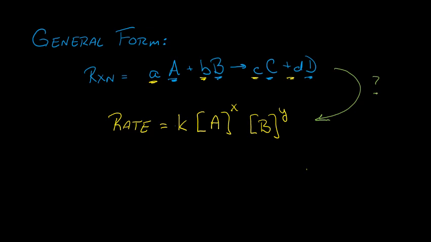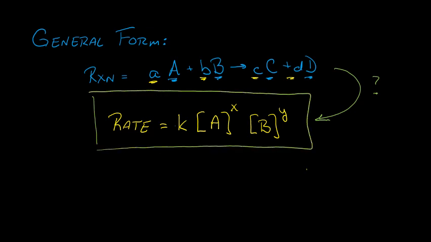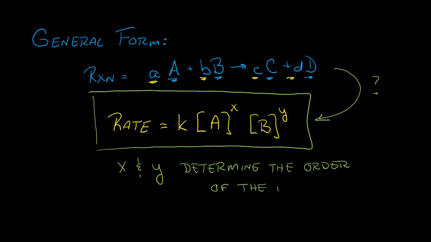In order to determine the rate law, you've got to do some experiments to figure out what those coefficients x and y are. And also, those coefficients x and y determine what is called the order of the reaction.